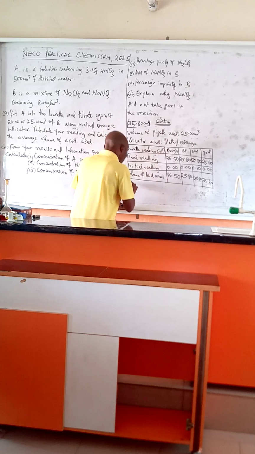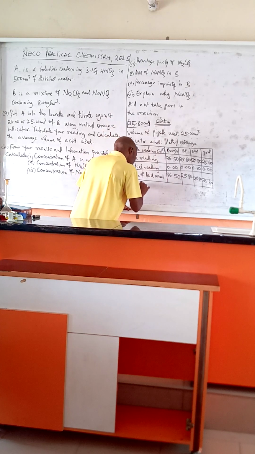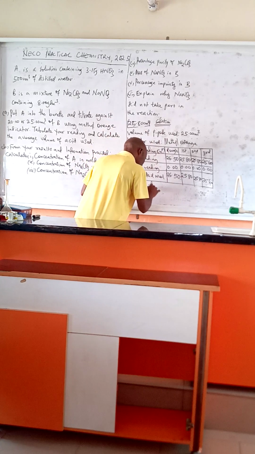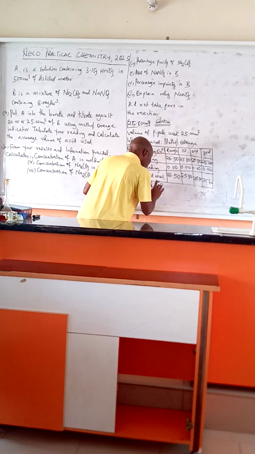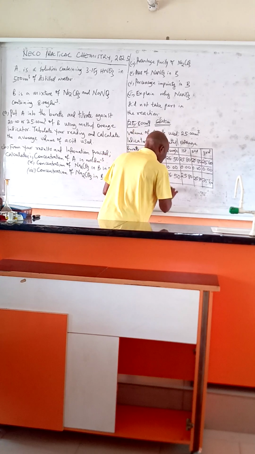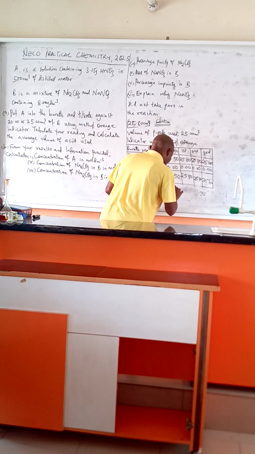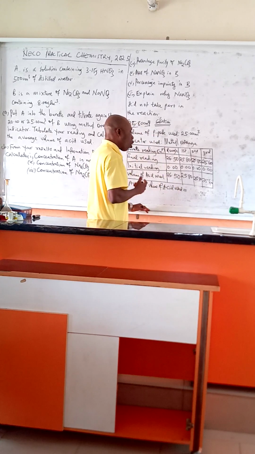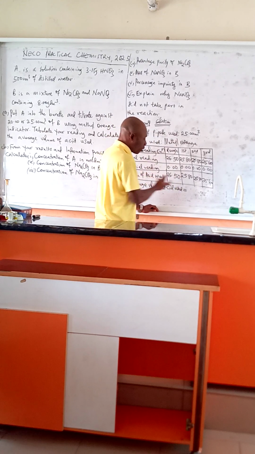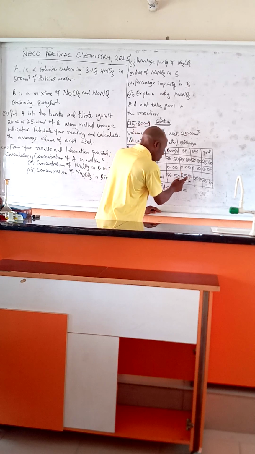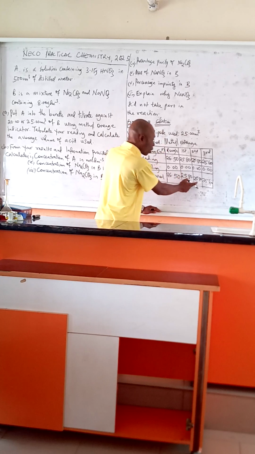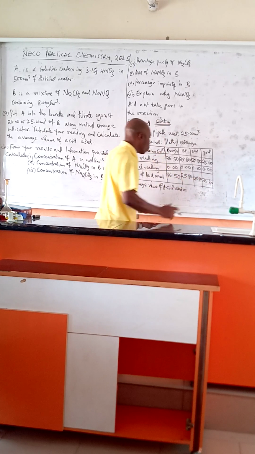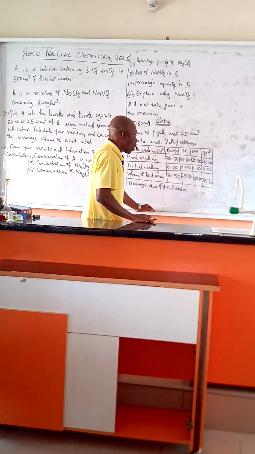Which means that our average volume of acid used will be equal to the concordant or consistent readings, because the difference between first titration, second titration, and third titration is within 0.1 to 0.2.